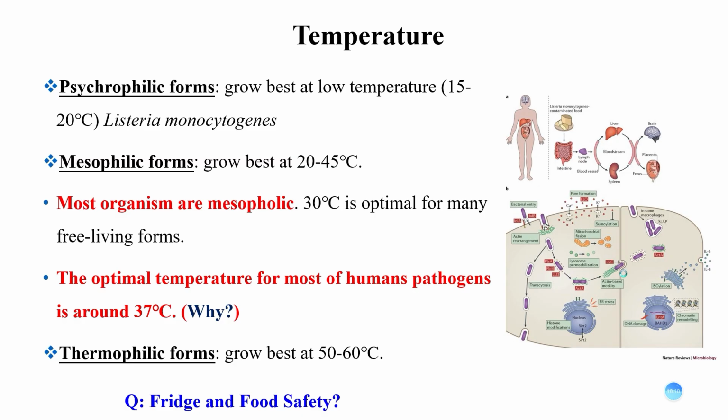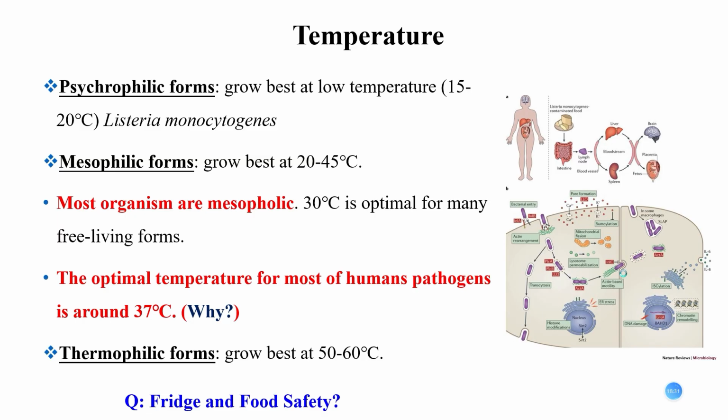Has anyone heard of this name? Listeria monocytogenes. Listeria monocytogenes is a gram-positive bacteria. It can actually grow in your fridge at 4 degrees.